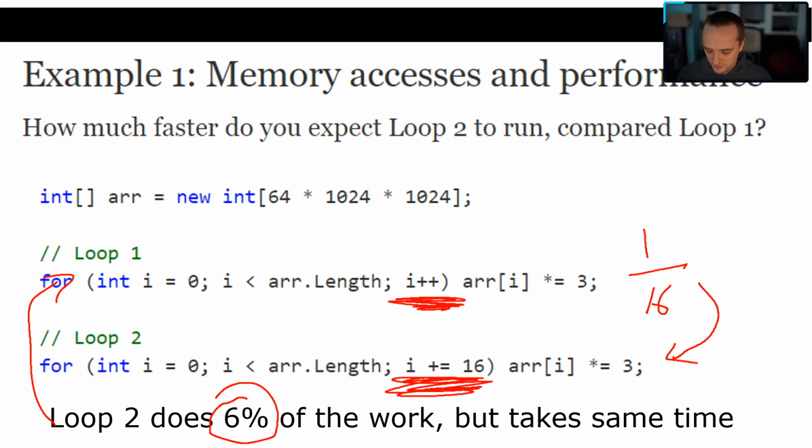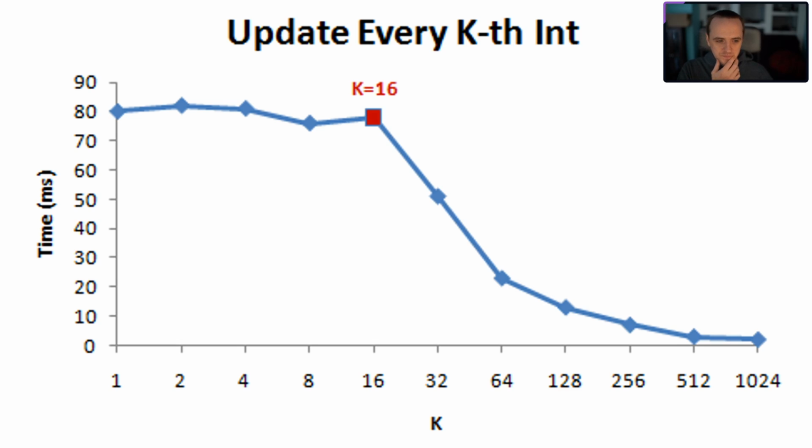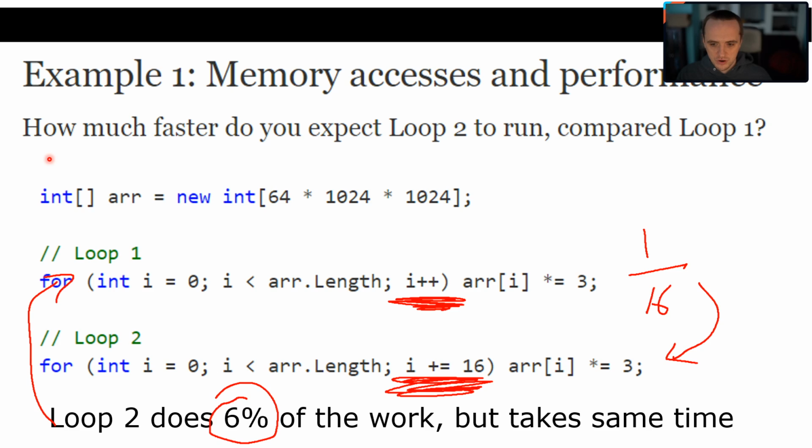So here's a graph for you. And this graph will blow your mind. Okay? This graph, down here on the bottom, we have that value of k. So this is the amount of time in milliseconds for that program that we just showed. If we say i plus equals k here, so 16 is the k for loop 2, k is equal to 1 for loop 1, right?